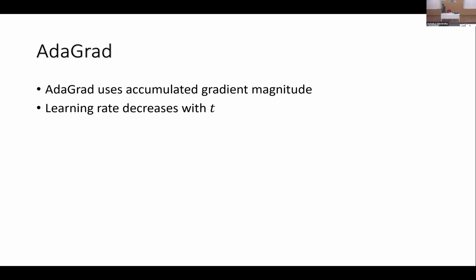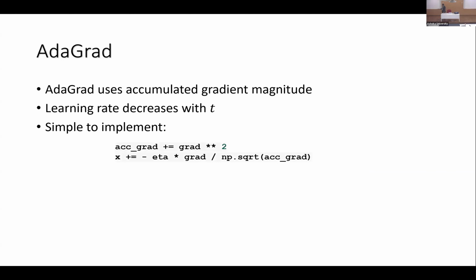It uses accumulated gradient magnitude, and the code would look something like this: acc_grad plus equal to grad square. This takes the square and accumulates it here, and then you take the square root of the accumulated one.